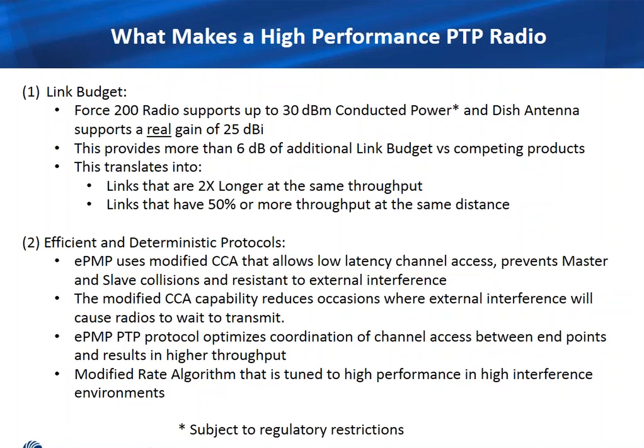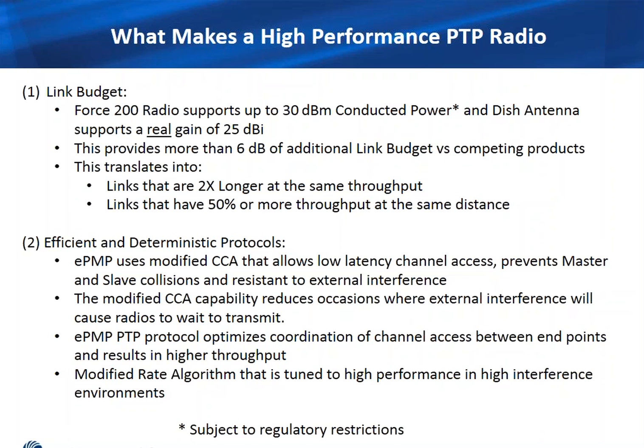And what that means in practice is that at the same throughput, an ePMP Force 200 link is going to be able to operate at twice the range, or at the same distance we'll have throughput that's 50% or more than the set of radios that have a smaller link budget.